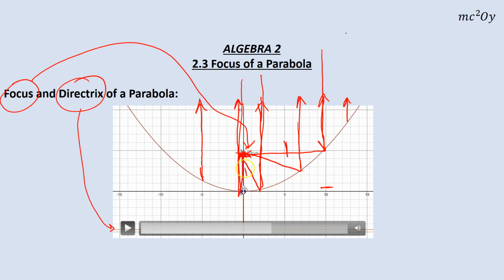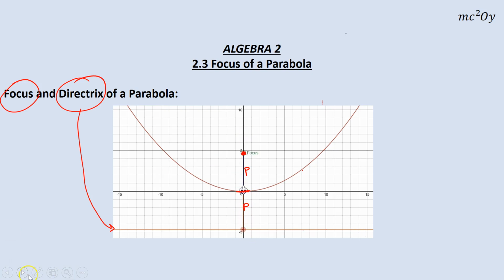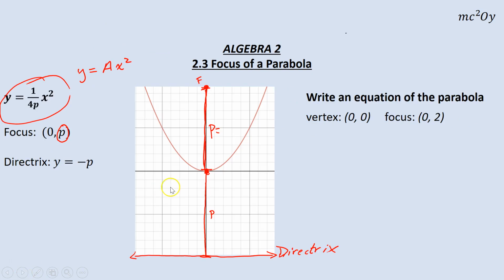This length is p, and this length is p. I'm going to erase some of these things. So the length from the vertex out to the focus is p, and from the vertex down to your directrix is also p. And that's what we're utilizing here.